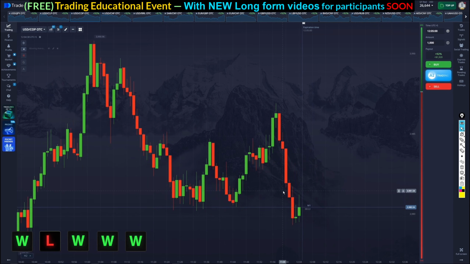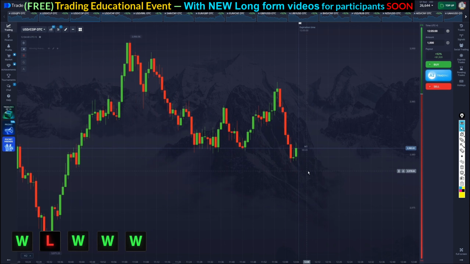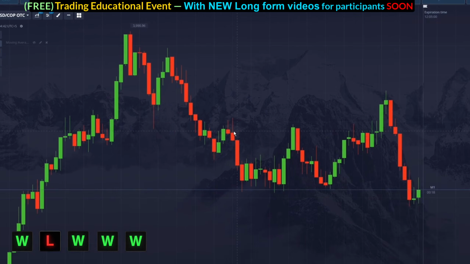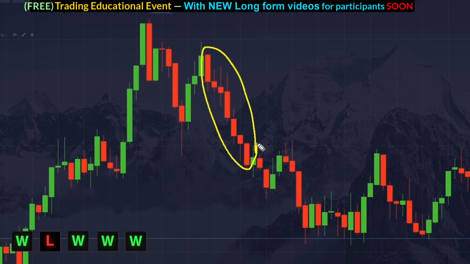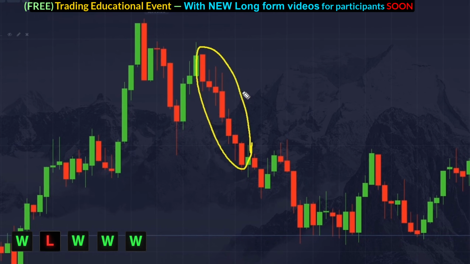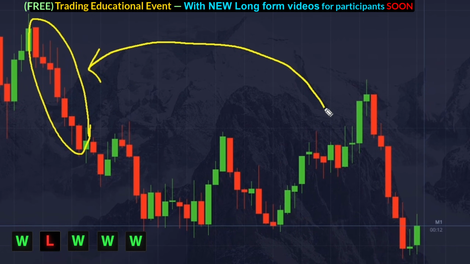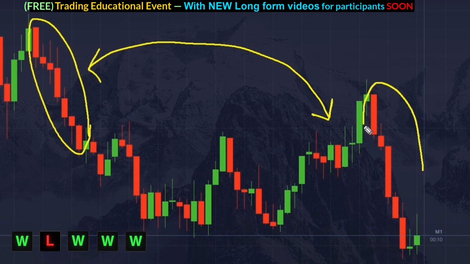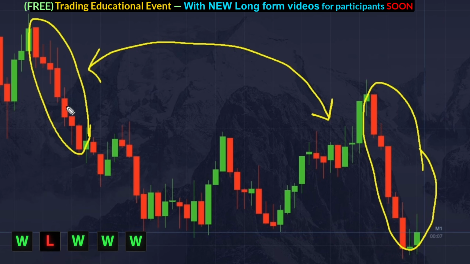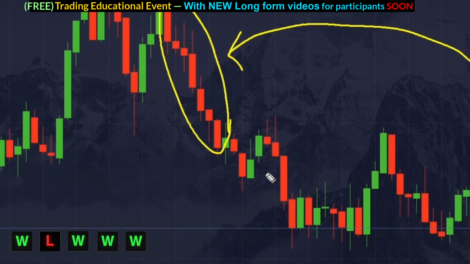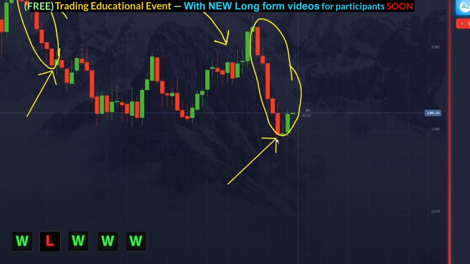Only one time we got more than 5 consecutive candles in this chart, and it's here, okay? And this one in the chart is exactly this movement. So if you look, the market tries to keep repeat itself. So the movement is same. So we can expect buyers to enter.